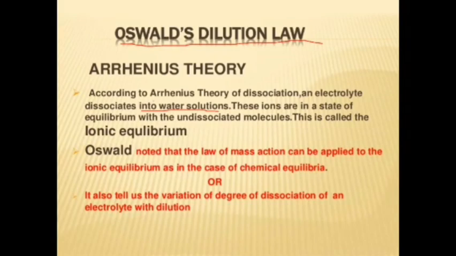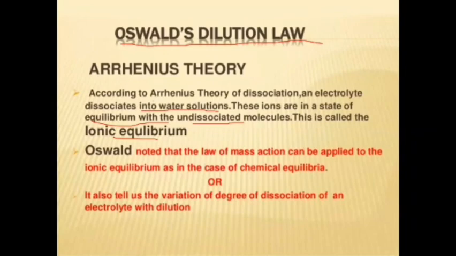These ions are in a state of equilibrium with the undissociated molecules. This is called ionic equilibrium. The ionic equilibrium is established between the ions and undissociated molecules. That is according to Arrhenius.